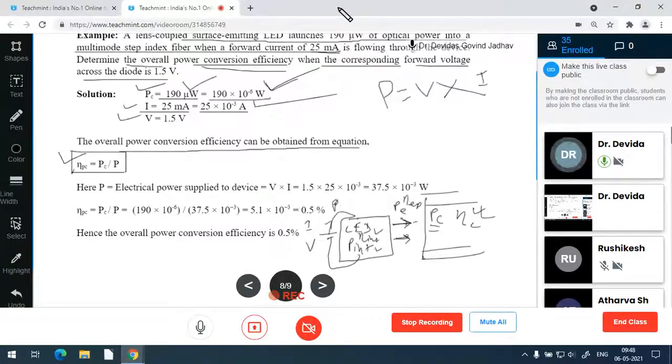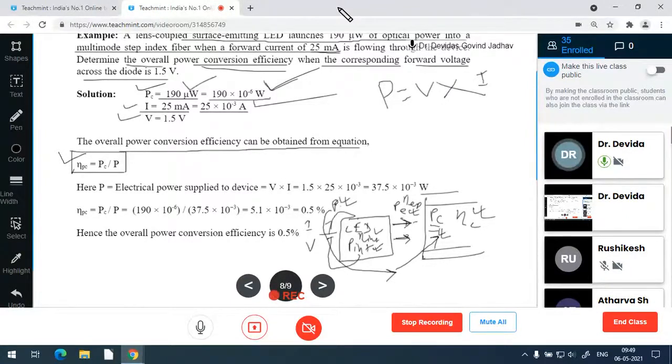So whatever the electrical power supplied, less than that internal power is generated, less than that optical power is emitted, and less than that is the power coupled. So what is the overall conversion? The original electrical power P is given, and PC is launched into the fiber.